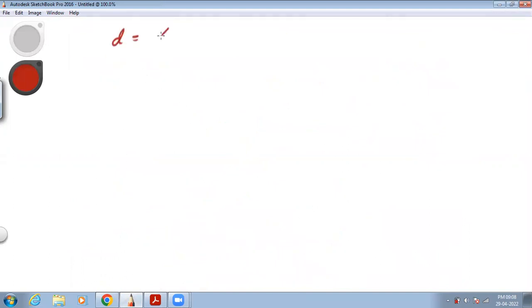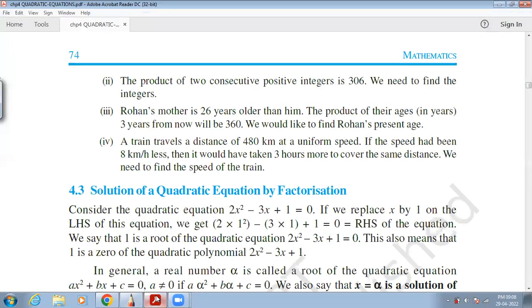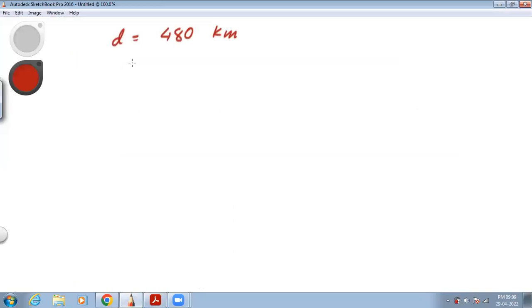The distance which is given to us is 480 kilometers, right? If the speed had been 8 kilometers per hour less, then it would have taken 3 hours more to cover the distance. Okay, so let the speed be x. This is how you need to write in the examination.